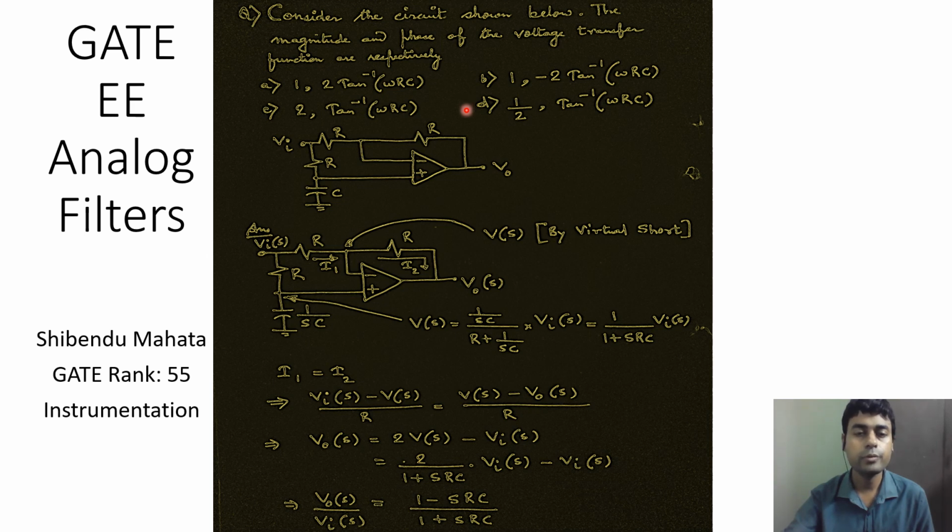The second pattern could be that you have to identify what type of filter this is, whether it's a high pass filter or low pass filter and so on. Sometimes they might even ask for the voltage transfer function itself rather than the magnitude and phase. So let's look at how we can go about solving this problem.